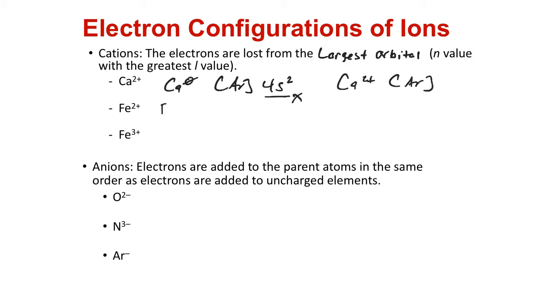Okay, now if we picture iron with a 0 charge, that would be argon followed by a 4s2 3d6. Look at a periodic table if you're not sure, but you'd see iron is a 3d6 in terms of an uncharged atom and its expected configuration. Now think of these orbitals, which one's larger? Because the larger orbital is going to be the one further away from the nucleus, and it turns out those electrons are going to be easier to ionize.